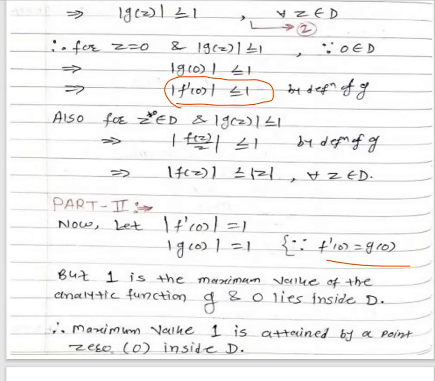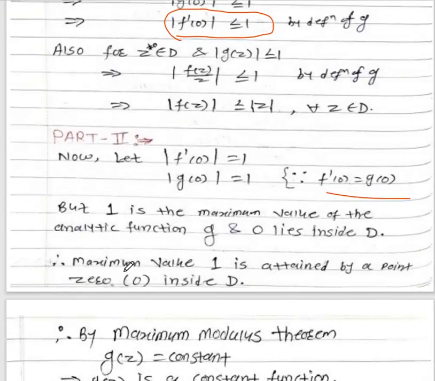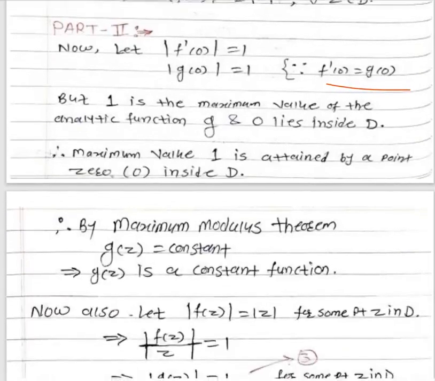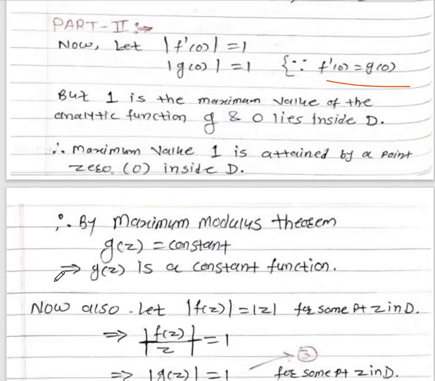Okay, so here 1 is the maximum value of the analytic function g and 0 lies inside D. Therefore, by using the maximum modulus theorem, the maximum value 1 is attained at the point 0 inside D. So by the maximum modulus theorem, g of z is a constant function.